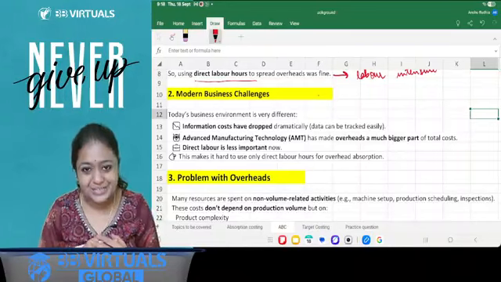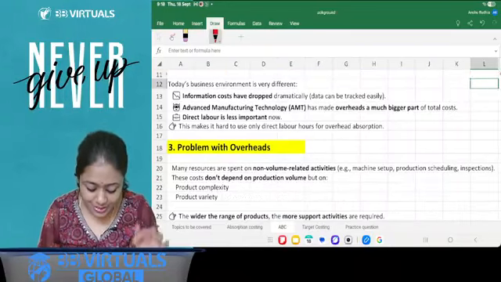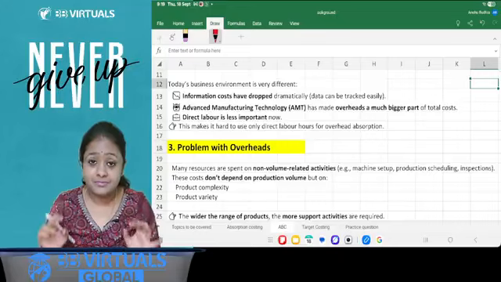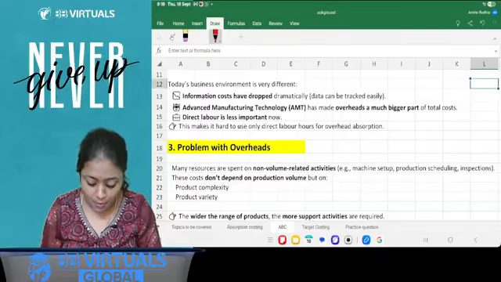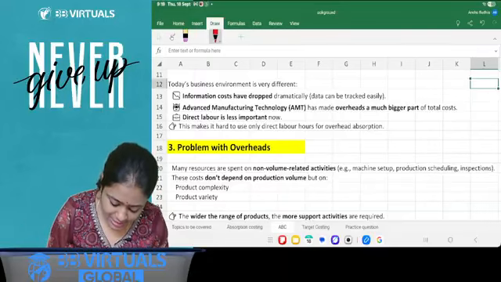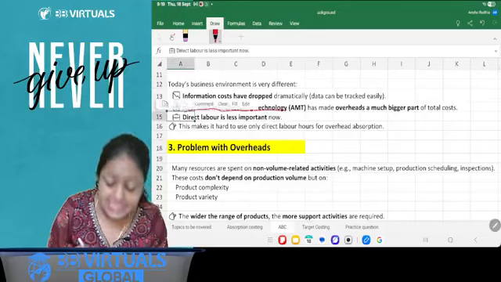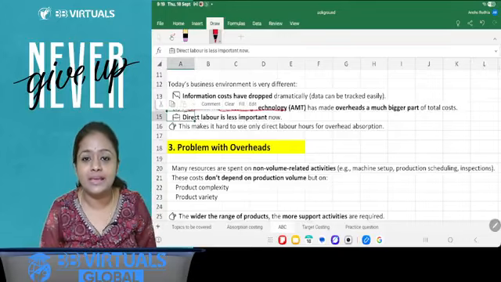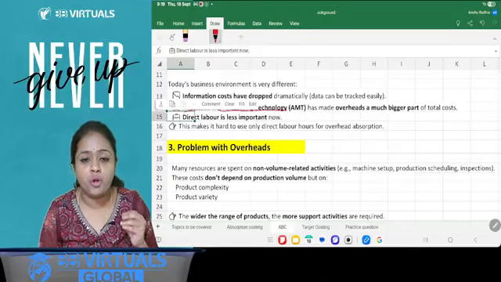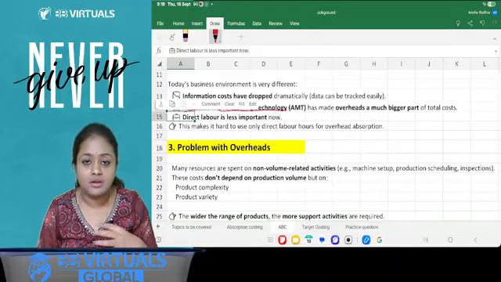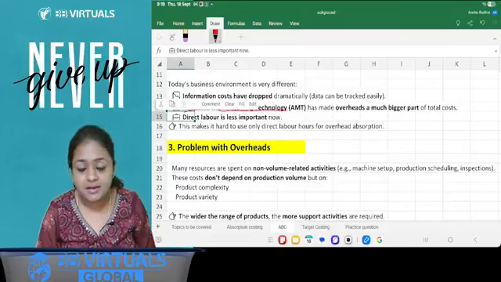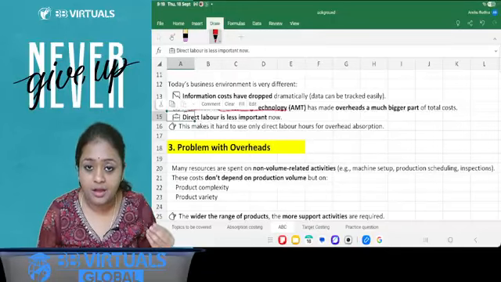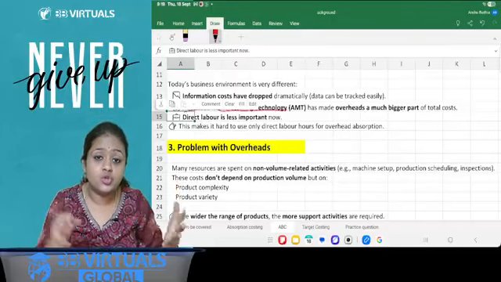Okay, let's be here now in ABC. So now we know that in the modern world things are different. Why? Because number one, you have advanced manufacturing technologies, AMT, in place, which is much more complex, much more technologically advanced and much bigger than what the processes used to be earlier.